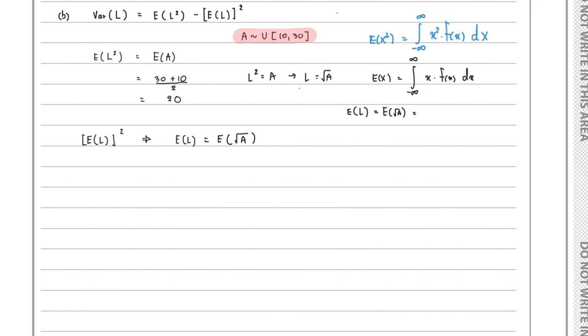Now you can see that in finding E of X squared, everything is the same, but this part is the same as this one. If you find E of square root A, you will have to integrate square root A times f(a) dA. So you still have to stick with function A. And since A starts from 10 to 30, that's going to be the upper and lower limits here, 10 and 30. Now we can put the integration right here and start to integrate it.